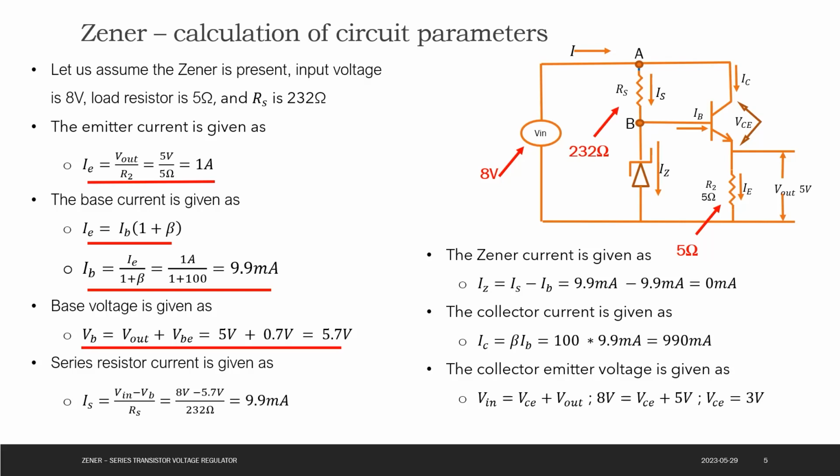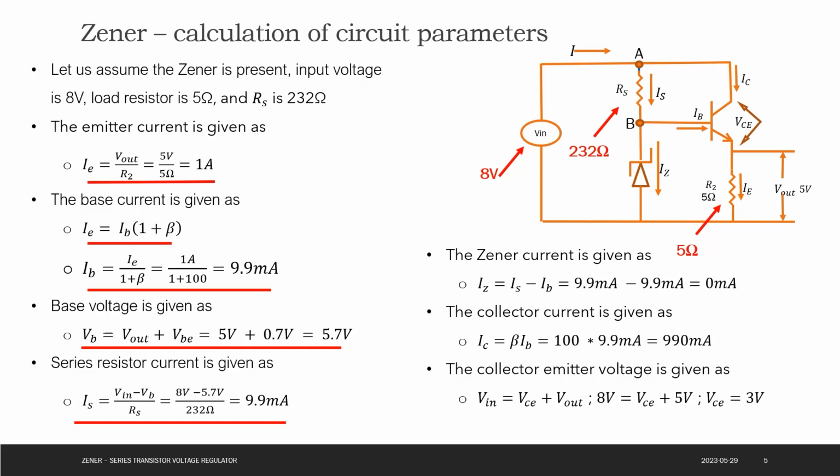Base voltage is given as VB is equal to Vout plus VBE. It results in 5.7 volts. The series resistor current can be calculated as Is is equal to Vin minus VB by Rs, which gives us 9.9 milliamps.